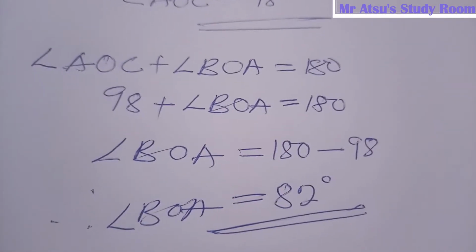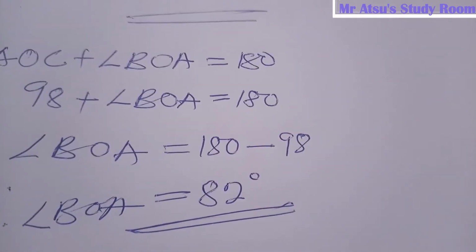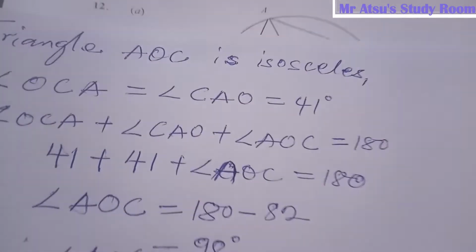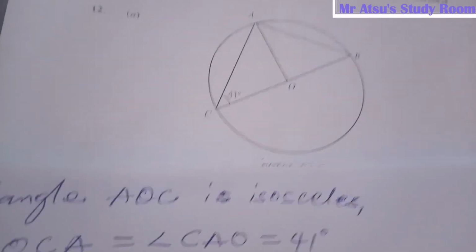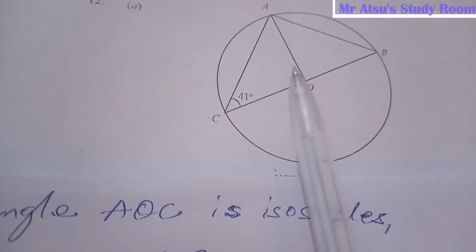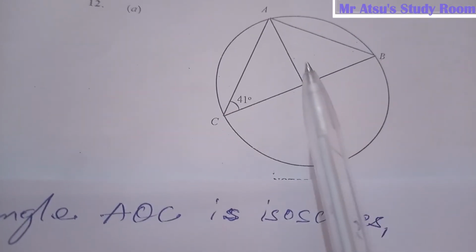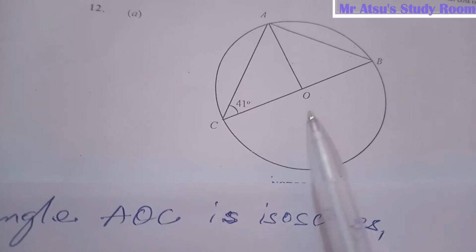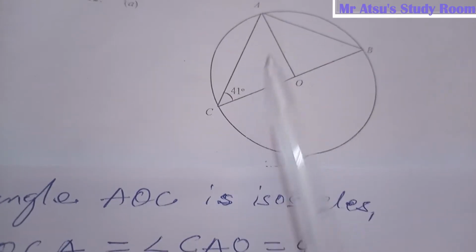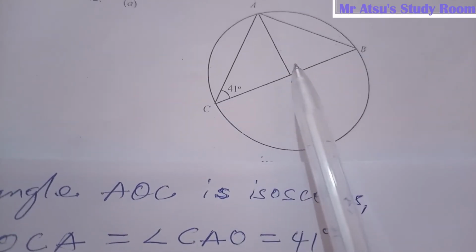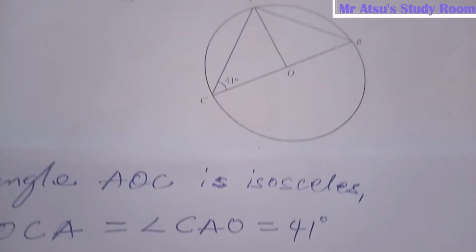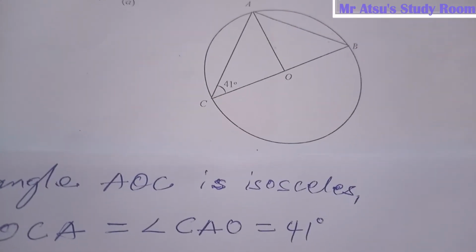So this is a way of solving. But then, as we have explained in earlier examples, instead of doing this long thing, you can also conclude that this is an exterior angle of the triangle AOC. Therefore, the sum of the two interior angles, 41 plus 41, will give us the opposite exterior angle, which is 82. And then that just simplifies it.